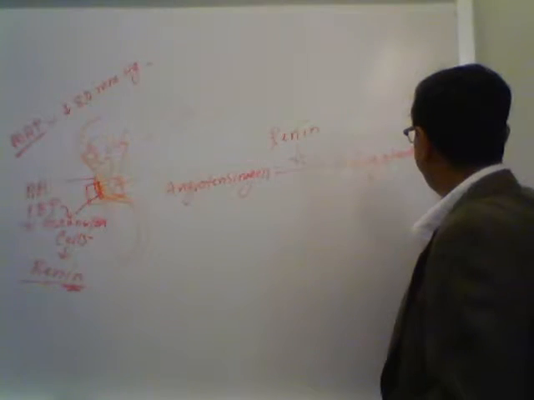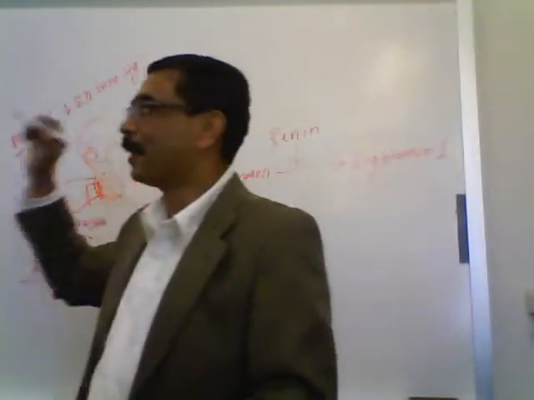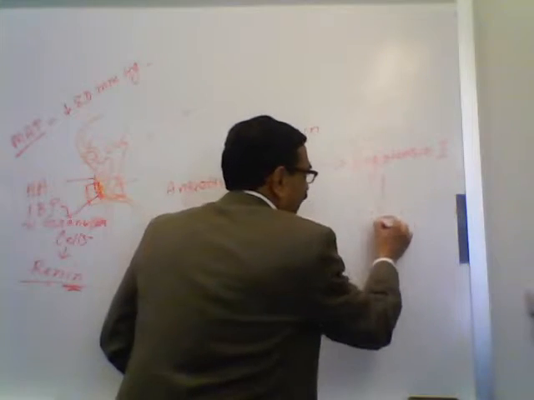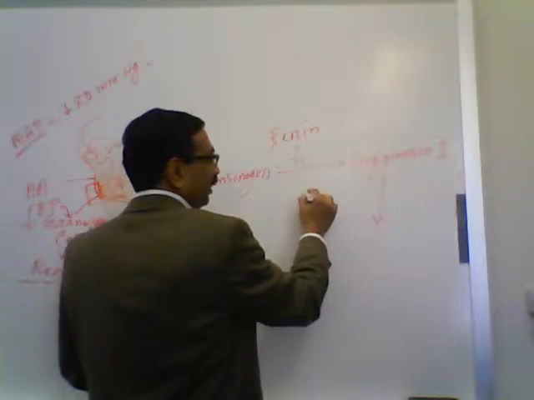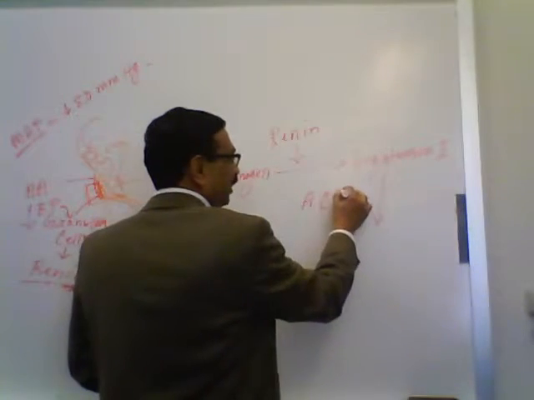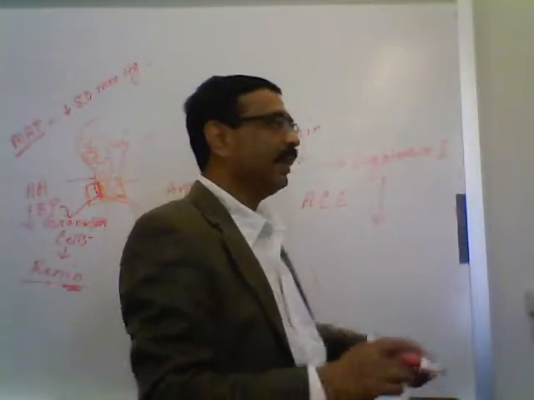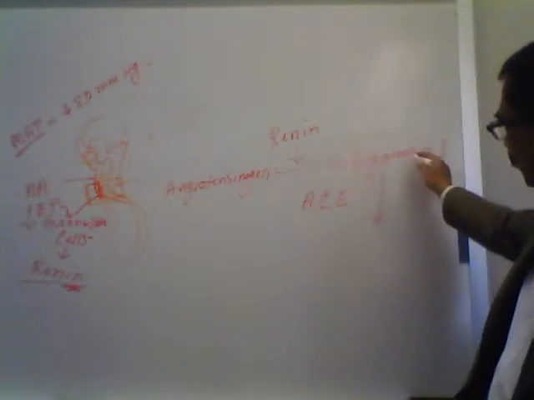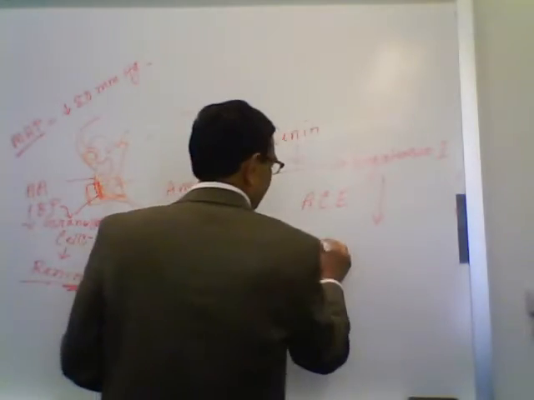And then an enzyme called angiotensin converting enzyme, ACE, converts the angiotensin 1 to angiotensin 2.